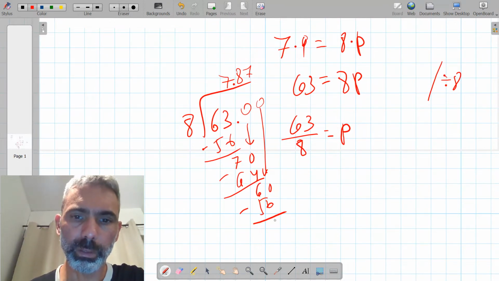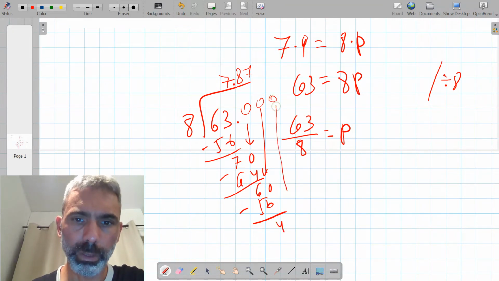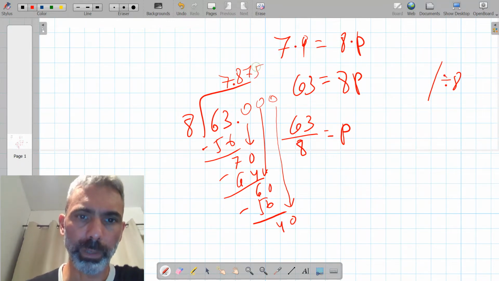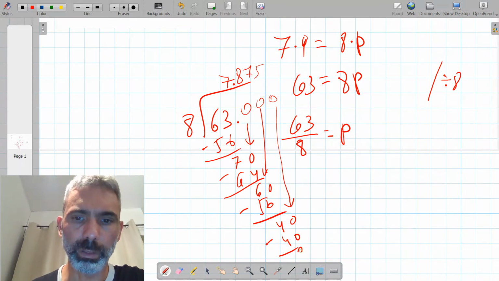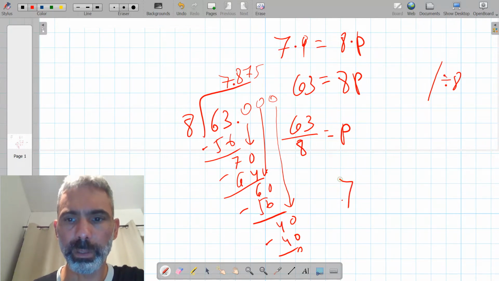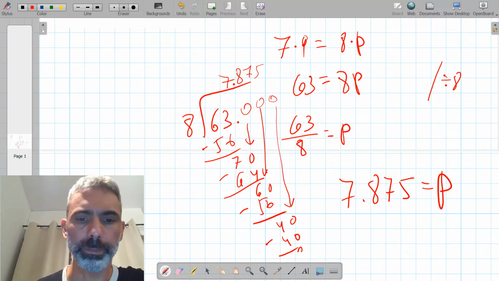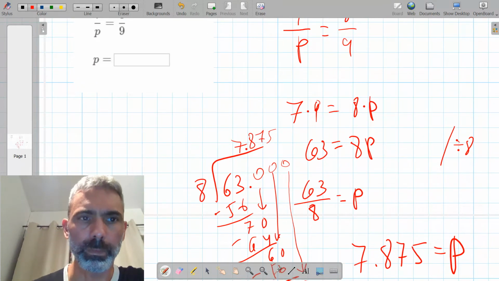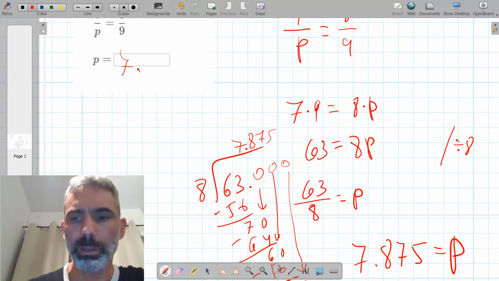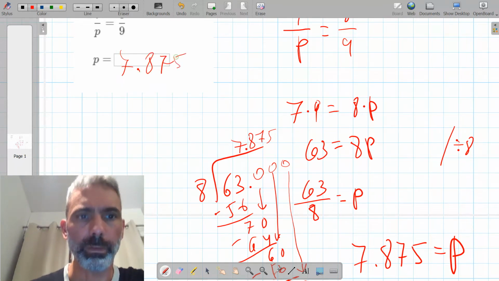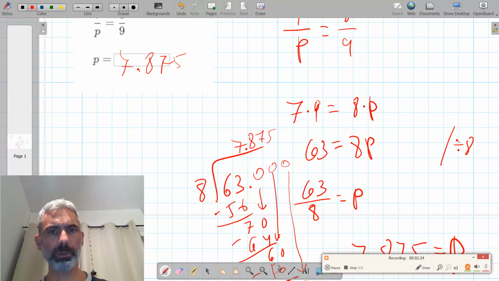The difference is 4. Bring down 0. 8 goes into 40 5 times. 5 times 8 is 40. No remainder. So p equals 7.875.